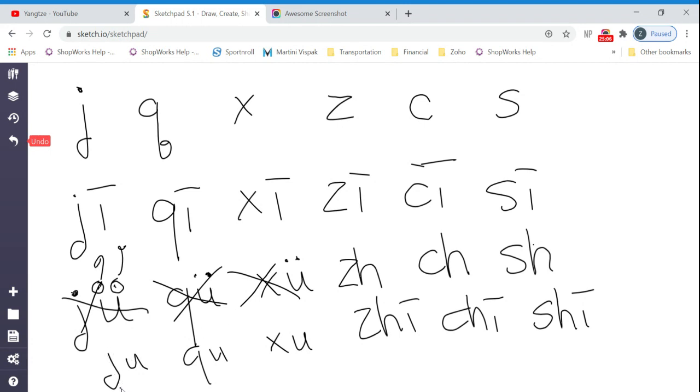And also when ji, qi, xi meet yu, you don't need to write the two dots, but it's still pronounced as yu, ju, qu, xu. Okay, so that's the three special rules of today.